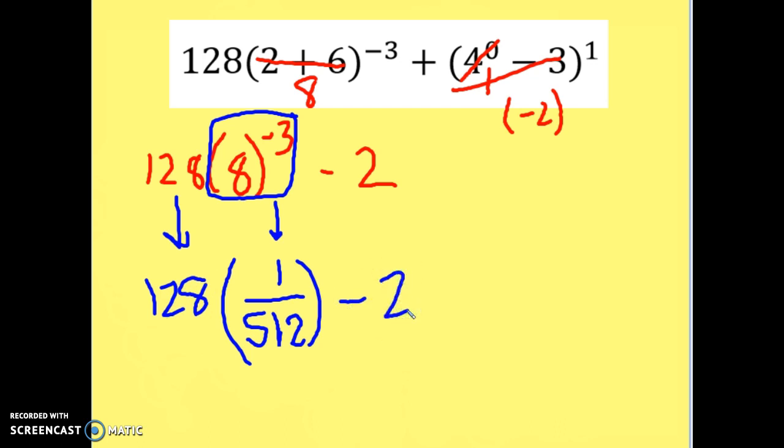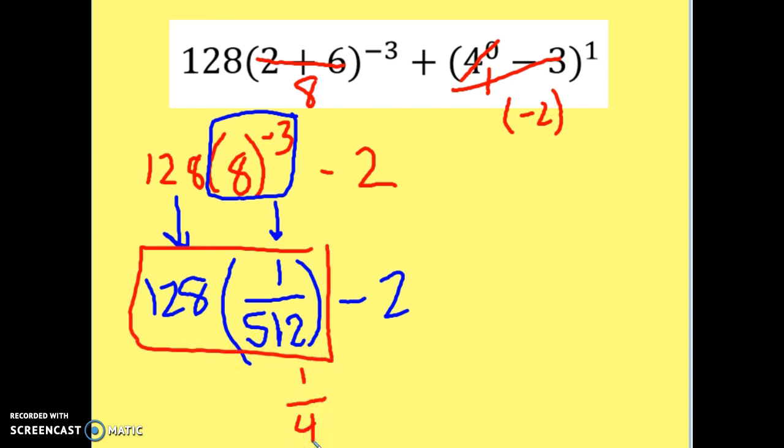So 128 times 1 over 512 is going to actually simplify all the way down to 1/4. So this piece of it right here is the same thing as 1/4 when you multiply and simplify. 1/4 minus 2 is going to result in a negative 1 3/4.